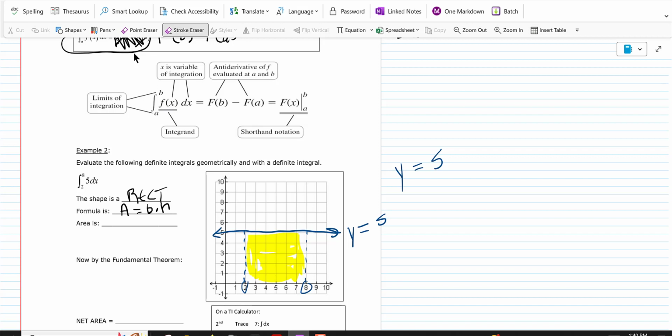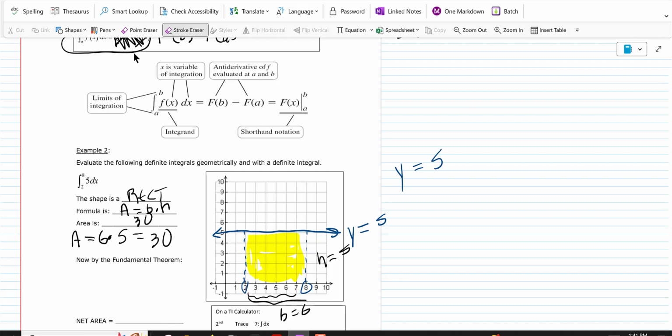So the base is the distance from 8 to 2, which is 6. What's the height? 5. So 6 times 5 equals 30. That's the area under that curve without using calculus, because it's just a rectangle anyway.